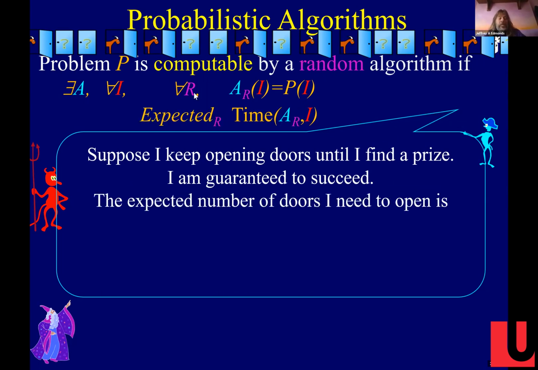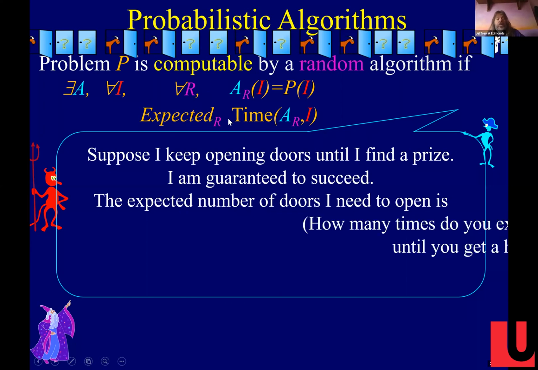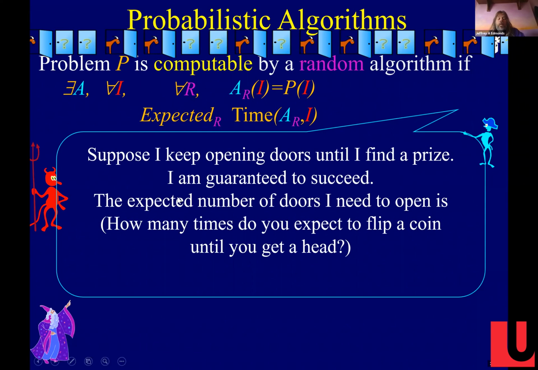But what's the expected running time? If you flip a coin, you have a probability of a half of getting heads. What's the expected number of coin flips until you get a tail? How many times do you expect to flip a coin? A million times before you get it? Just once? Only 50-50 you get it on the first time.